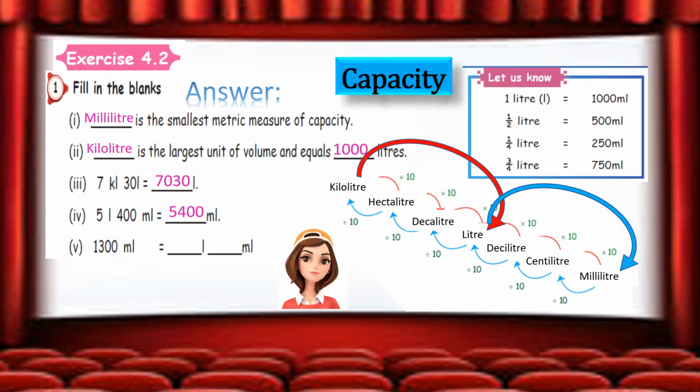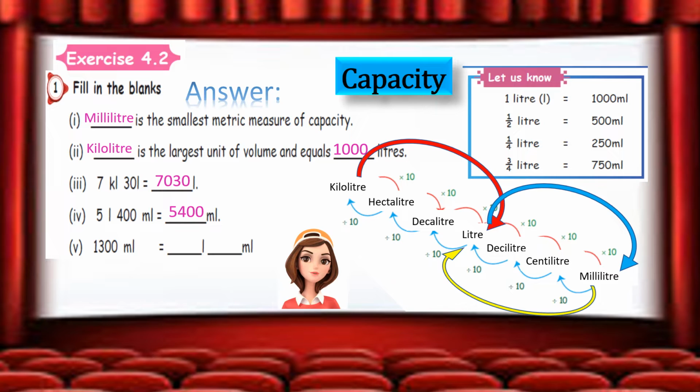Fifth one, 1300 ml is equal to dash liter dash ml. So look carefully, we are going to change from milliliter to liter. That is, we are stepping up. We are going from backward to front. So when going in reverse, sure we need to do division only. From topmost when coming downwards we need to multiply, but from downwards to top we need to divide only.